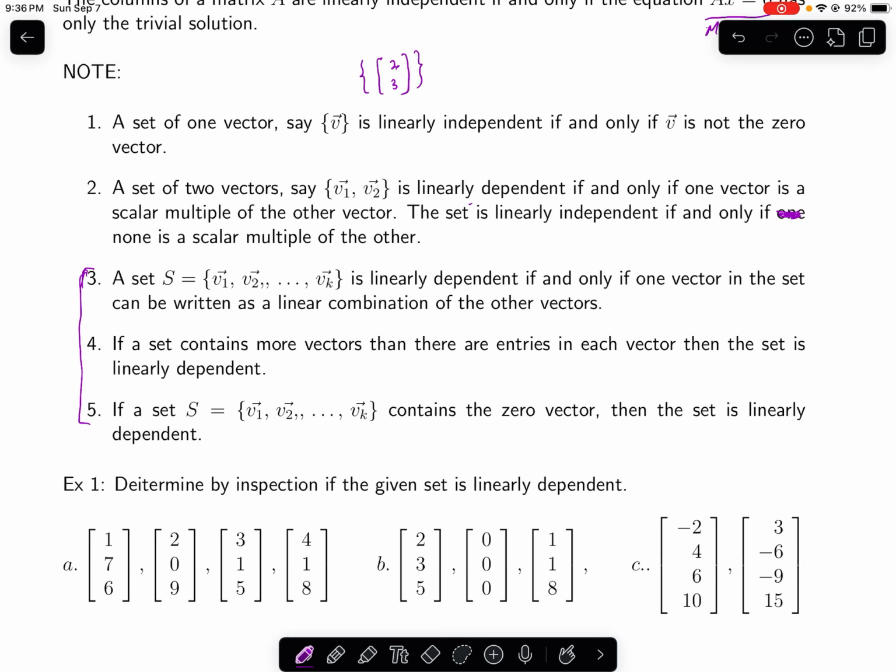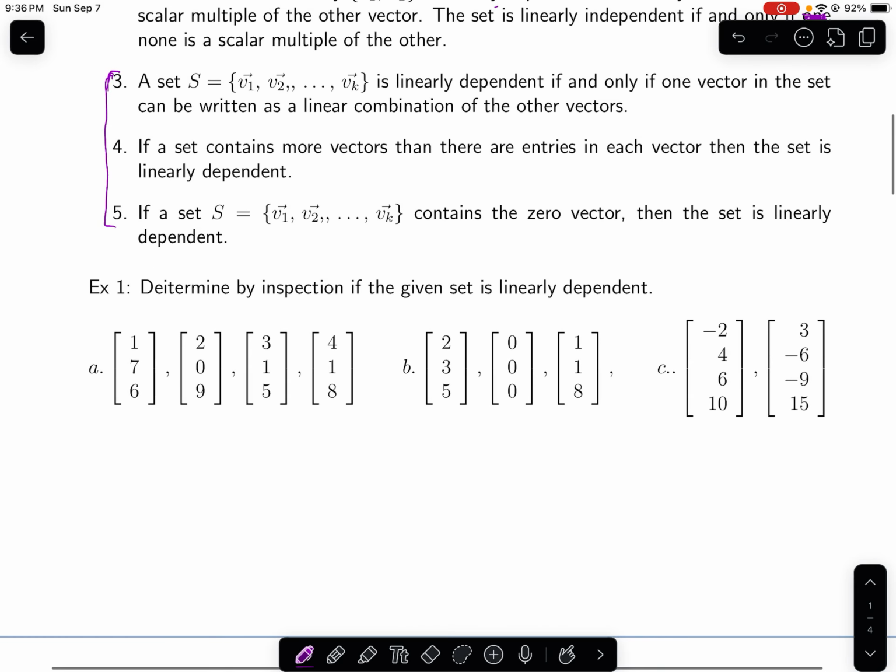If there is a zero vector in the set, then that set is linearly dependent. If there is a vector which can be written as a linear combination of other vectors in the set, that set is linearly dependent. And the third thing, if there are more vectors than the entries in one single vector, then the set is dependent.